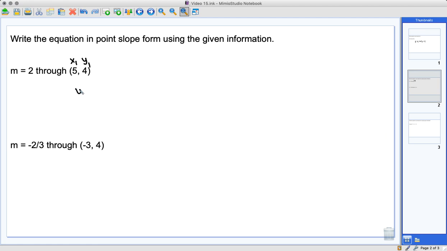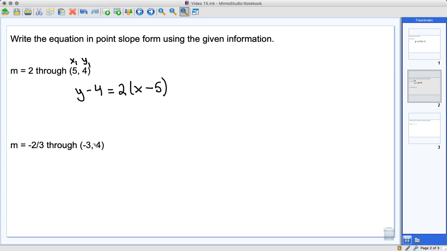So I'm going to have y minus 4 equals my m, so 2 parentheses x minus 5. End your parentheses. That's the equation through this point with that slope written in point-slope form.